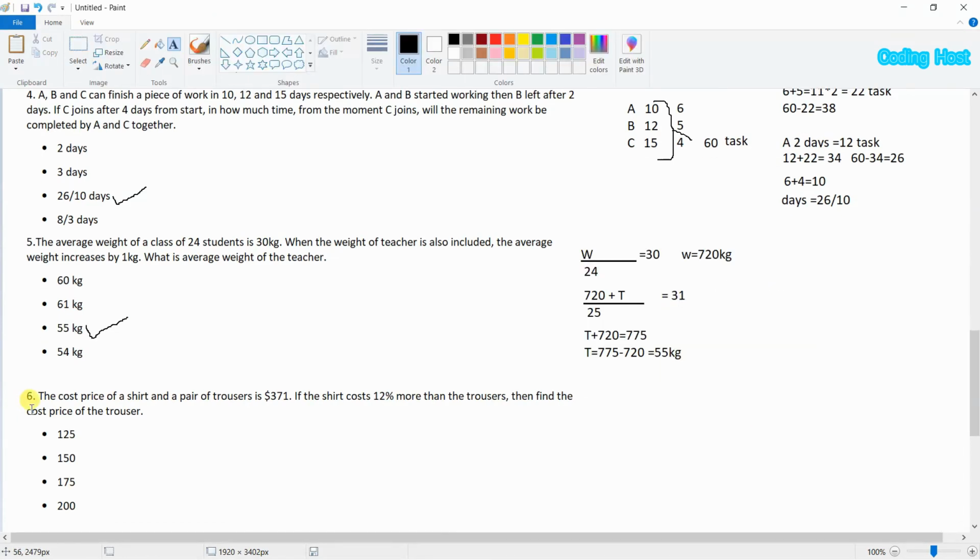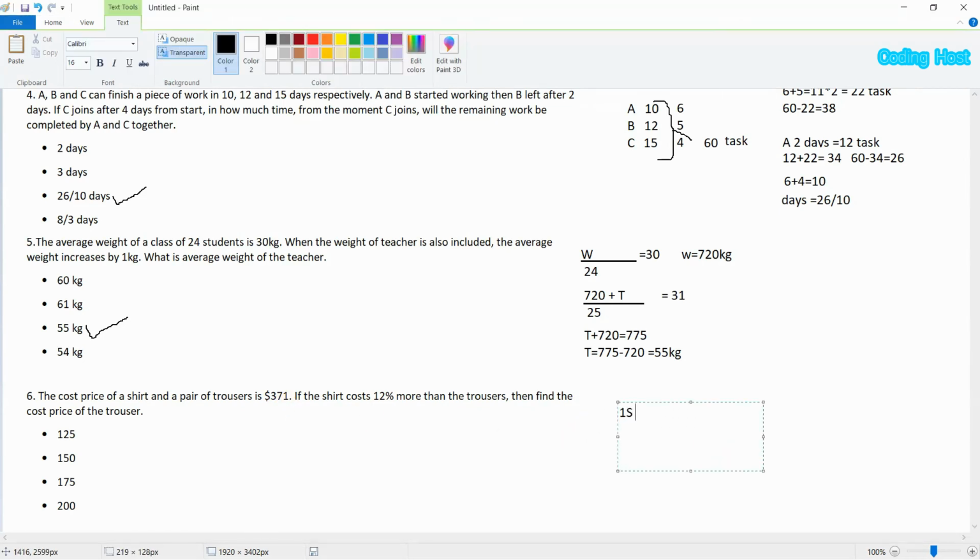Now we have question number 6. The cost price of a shirt and a pair of trousers is $371. So they are saying that the price of a shirt and a pair of trousers is 371. So one shirt plus one trouser pair equal to $371.